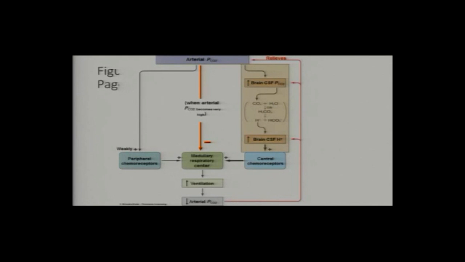Their PCO2s are through the roof. In that case, the central chemoreceptors actually decrease in their sensitivity, so they stop responding. So that's one effect of chronically high PCO2 that gets there over time.